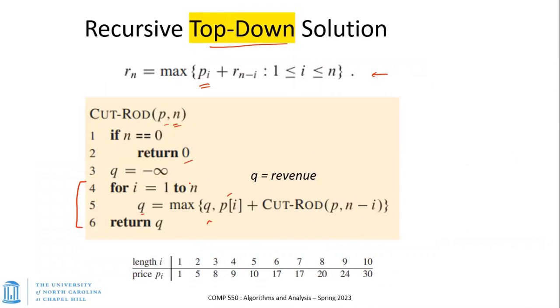So here's the algorithm, and the question is, if it's not utilizing the revenue table, then what is the obvious problem with this recursive solution? And why is it not very good? Yes, Thomas.